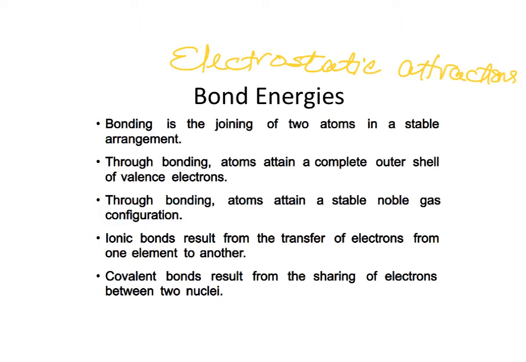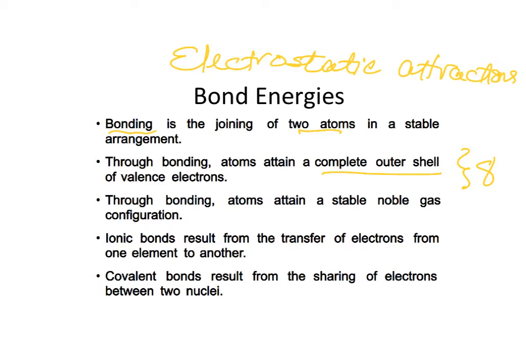And so bonding is an electrostatic attraction between two atoms. The driving force behind bonding and chemical reactions in general is that atoms attain a complete full outer shell of valence electrons, which in most cases is 8. The octet rule.